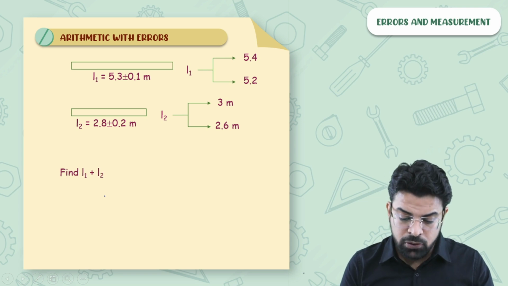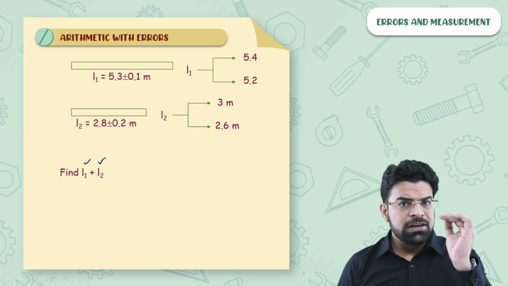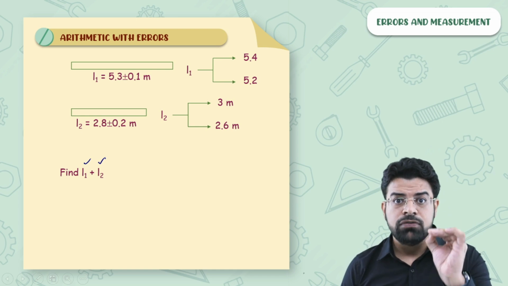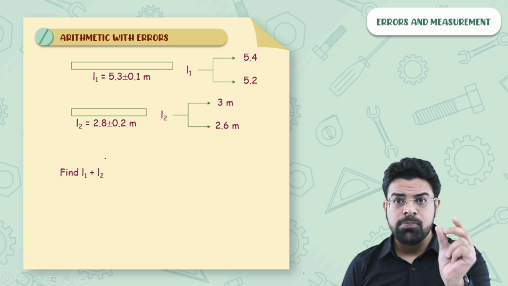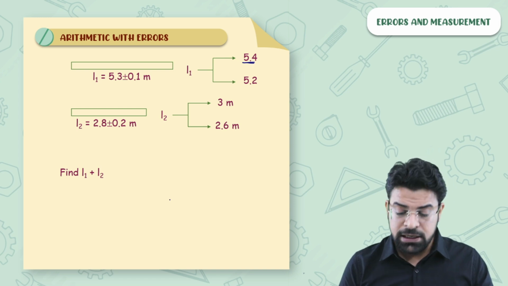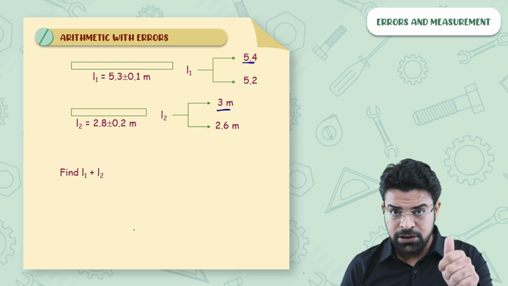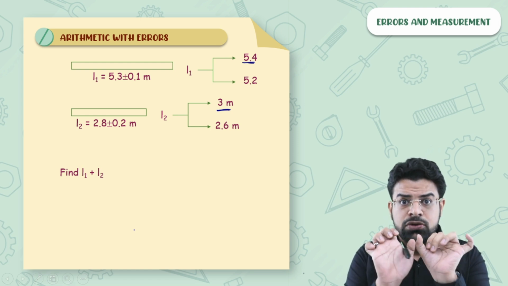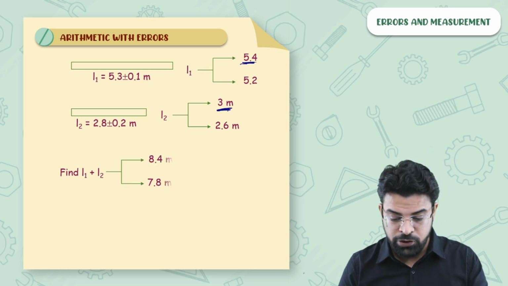If we place both the rods end to end, the total length will be L1 plus L2. What can be the range of values of L1 plus L2? You will get the maximum possible sum of length if the length of the first one is maximum and the length of the second one is maximum. So the maximum possible length on placing these two rods will be 5.4 plus 3, that is 8.4.